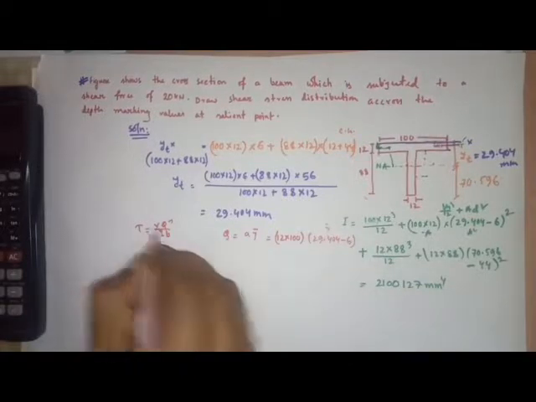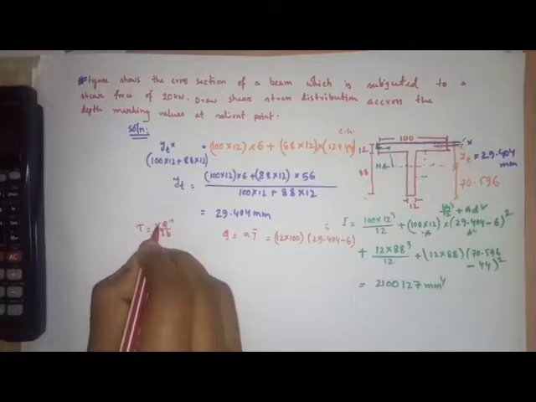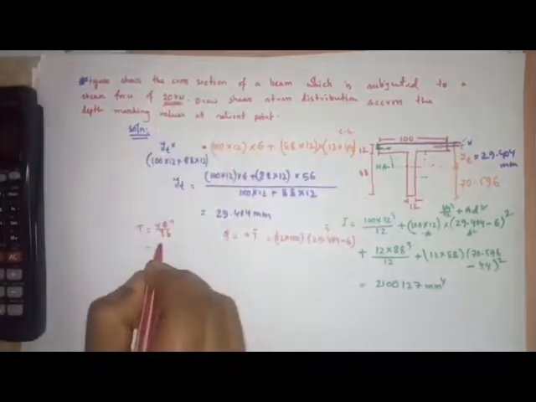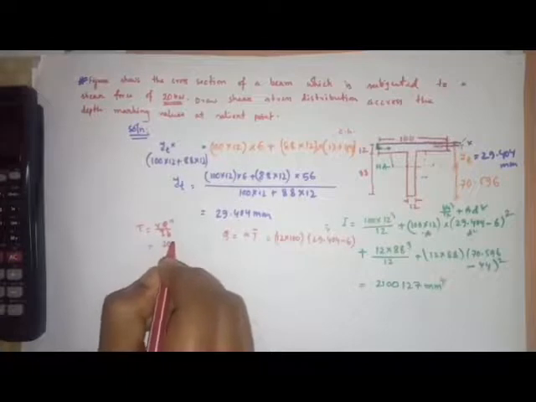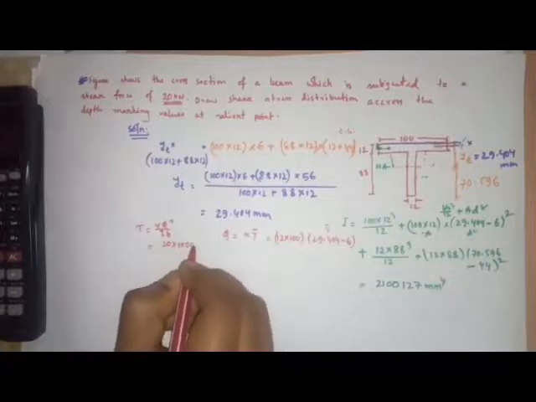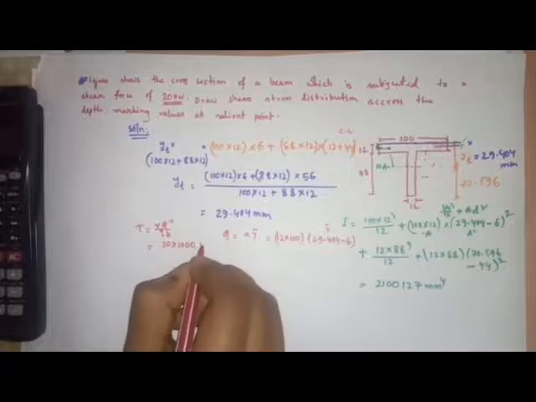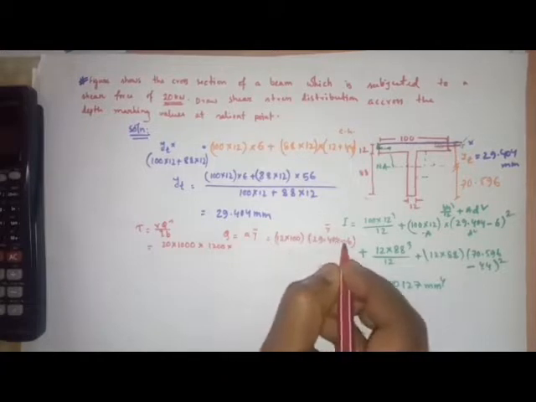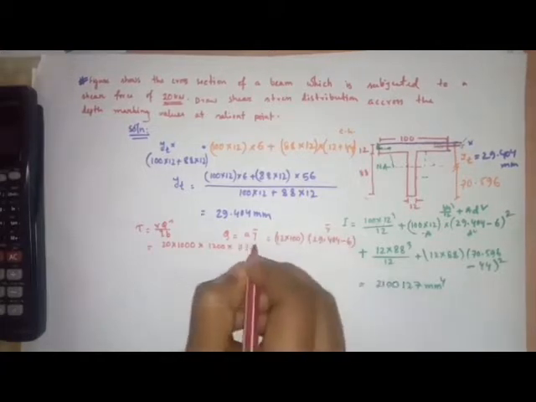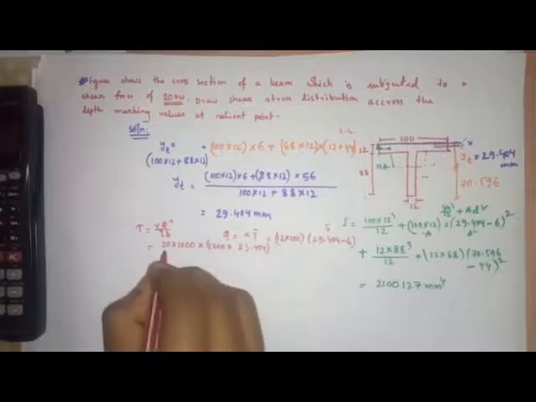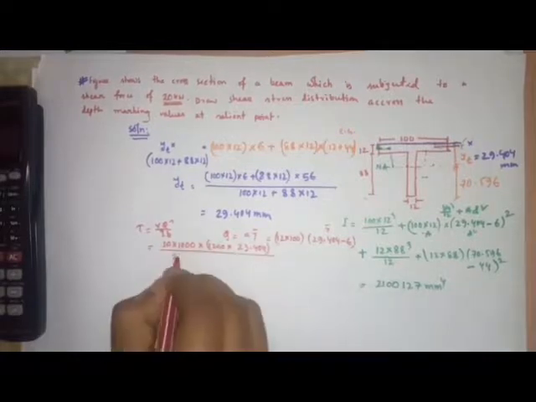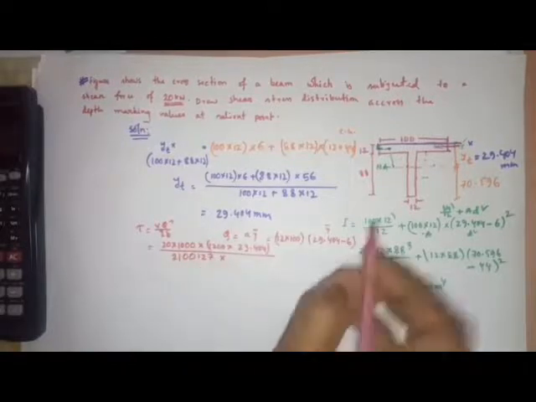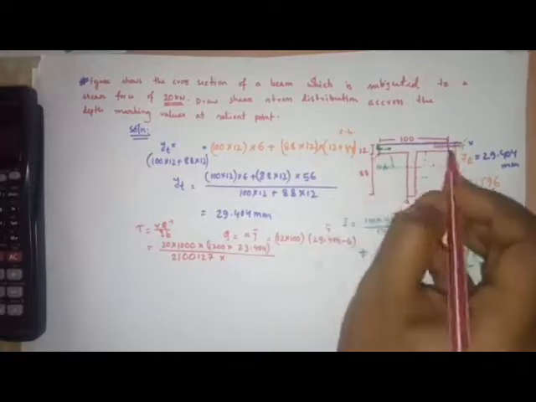So you have to put this value here, and V is nothing but the 20 kilonewton that is given in the problem. So 20 kilonewton I will multiply with 1000, this converted to Newton, and Q is 1200 into 29.404 minus 6, that means 23.404, and I is the value 221,00127 into B is nothing but this 100.